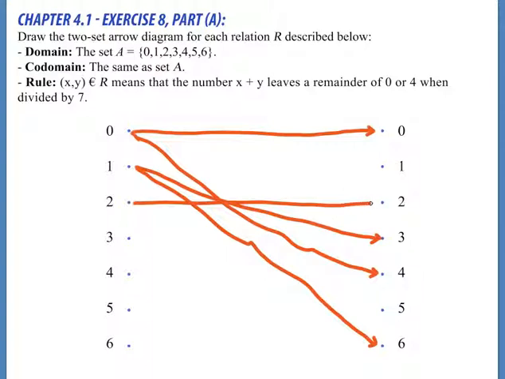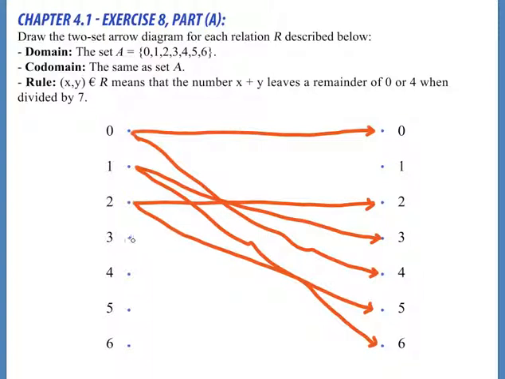So we'll go here, boop, and then 2 plus 3 is 5, divided by 7, no remainder of 0 or 4. 2 plus 4 is 6, divided by 7, there will be no remainder of 0 or 4. 2 plus 5 is 7, so 7 divided by 7, there's a remainder of 0, so the domain 2 would connect to 5 as well. Boop. And then after that, 2 plus 6 is 8, divided by 7, there is no remainder of 0 or 4, so we're done connecting the domain 2 to the codomains.